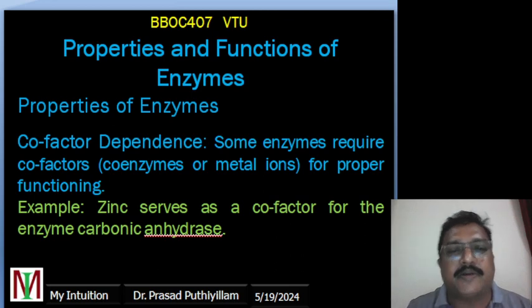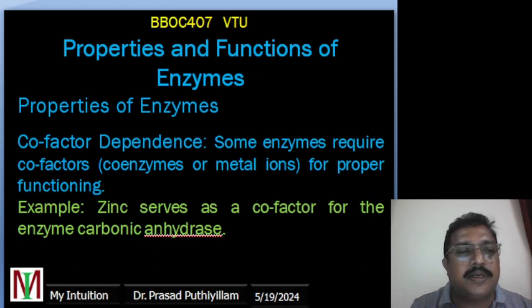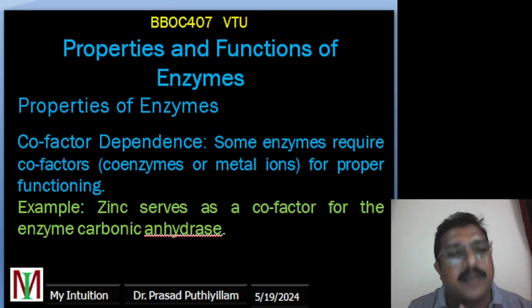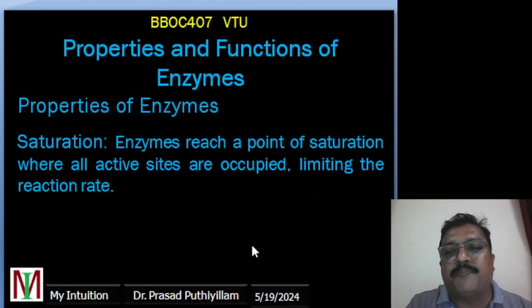Vitamins can be one cofactor, or some minerals like iron. For example, the enzyme carbonic anhydrase, which takes the carbon dioxide, needs zinc to function. So cofactor dependency is there in some enzymes, so it can be considered under the properties.